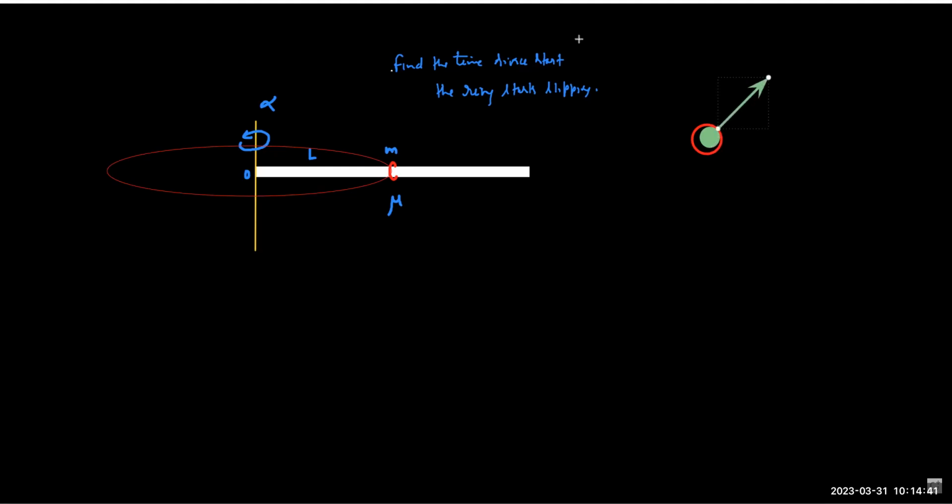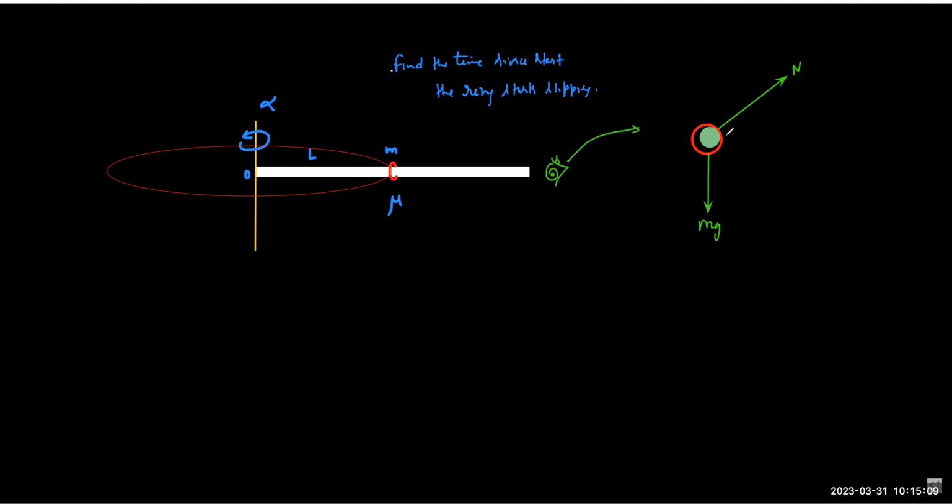So the normal reaction has to do two jobs. One, it will provide the tangential acceleration, and it will balance the gravity as well, right? So if you look from this side, it will look like this.